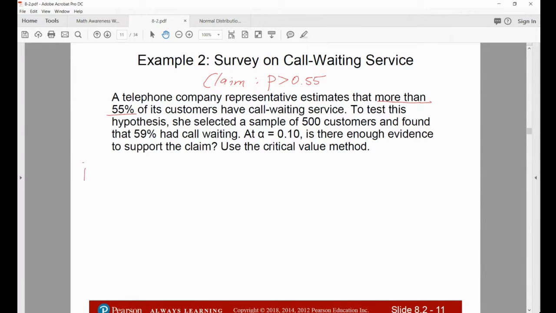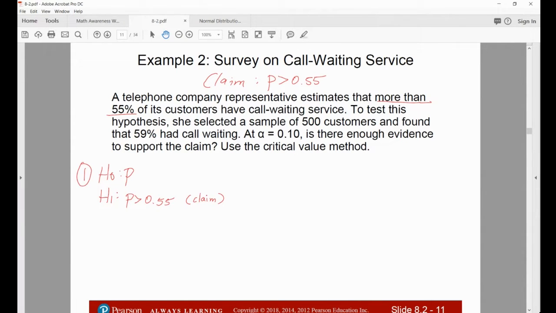So if the claim is P greater than 0.55, where do we write it? In the null hypothesis or in the alternative hypothesis? In the alternative, because in the null hypothesis, we can only put the equal sign. So in this case, the claim is in the alternative hypothesis. And then what will be the null hypothesis?